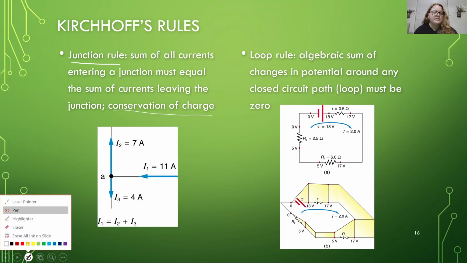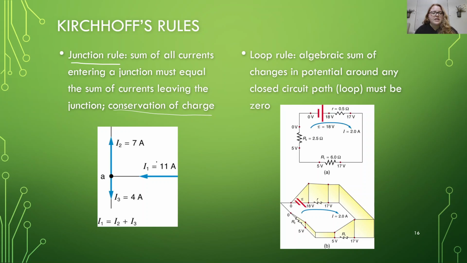So in this diagram here, you see I1 is traveling towards junction A. So this is what a junction would look like. You can also call it an intersection. You can think of it that way. And so this current will flow towards that junction and then split up into two separate currents.